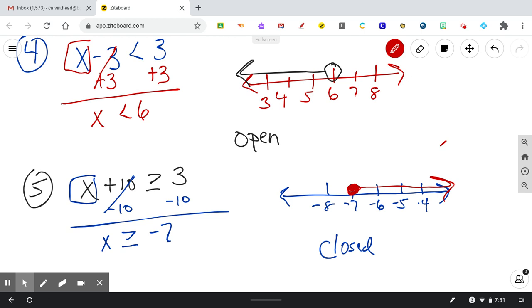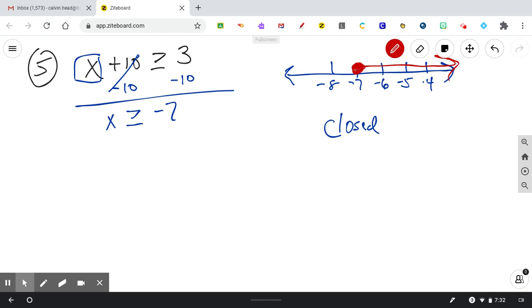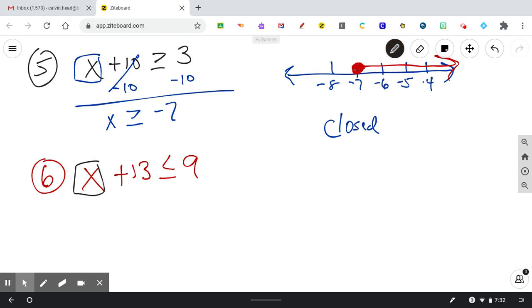All right. We'll do one more, and then that'll wrap up our notes for today. So I have number 6. X plus 13 less than or equal to 9. So again, trying to get this by itself. So I do the opposites here. Cancels. X is less than or equal to negative 4 because 9 minus 13 is negative 4.